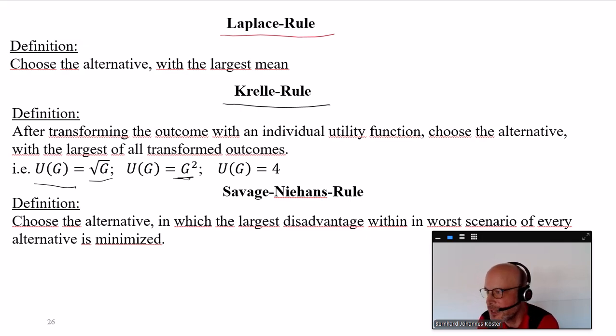What is the property of such utility functions? And what is the property of just, oh, this shouldn't be 4. There should be also a G behind it. So just some number times the outcome.